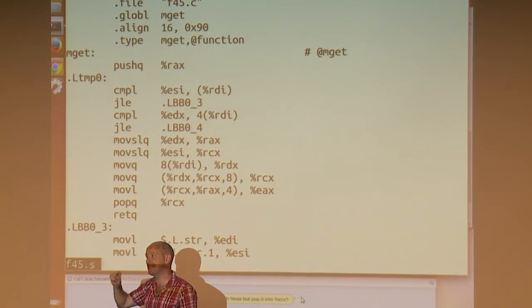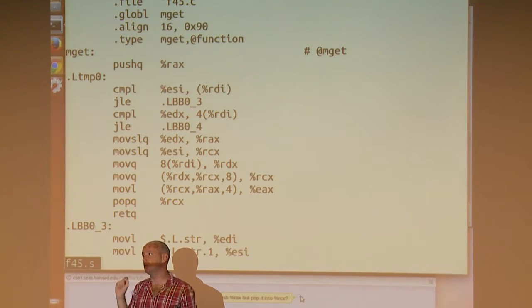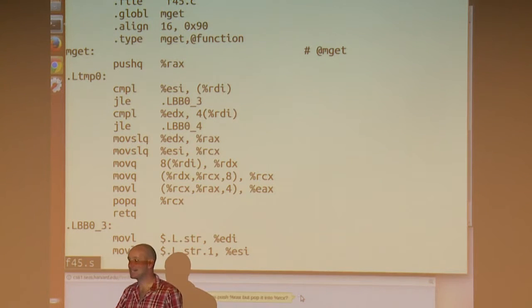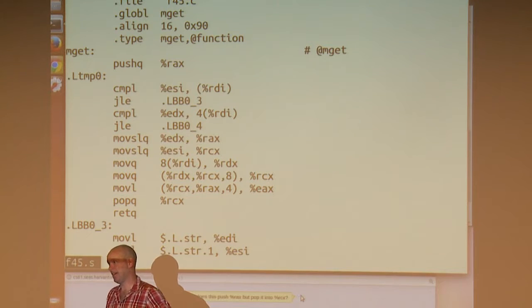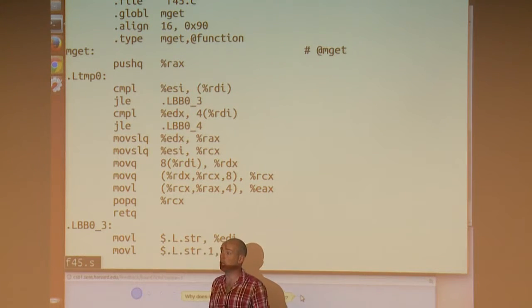You would not see a garbage value loaded into rbx right before a return, because rbx is a callee-saved register, which means that it is part of the calling convention that rbx, when a function returns, has to have precisely the same value that it had when the function began. Okay? Most registers are caller-saved.